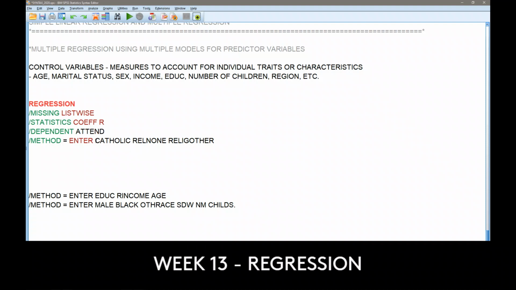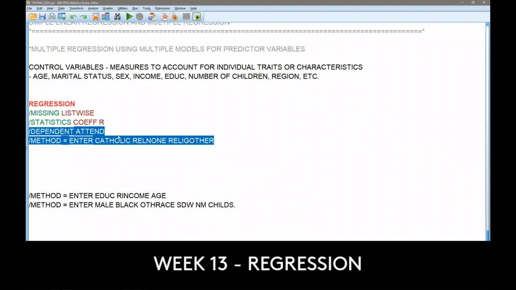If you have more children, then depending on your denomination, your attendance might go up or down. We would suspect that people with more children probably attend religious services more than people with less children or no children. So all of these factors can play a part in the relationship between these two variables, and that's why it's important to control for them.